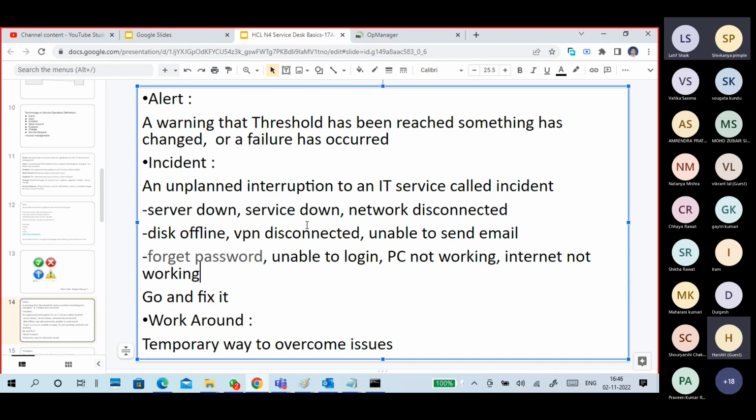So that is what we do, a temporary way to overcome the issue. That is incident and workaround. Guys, understand what an incident is?